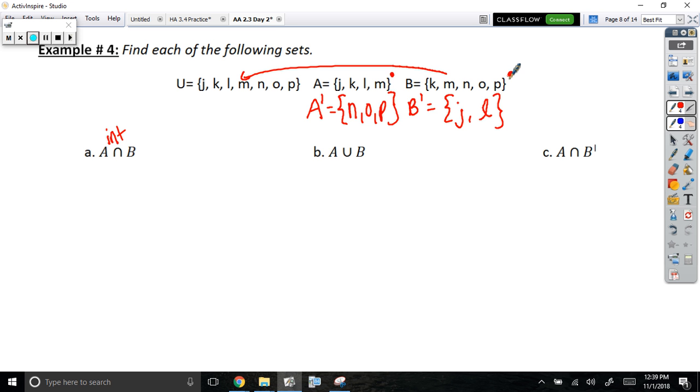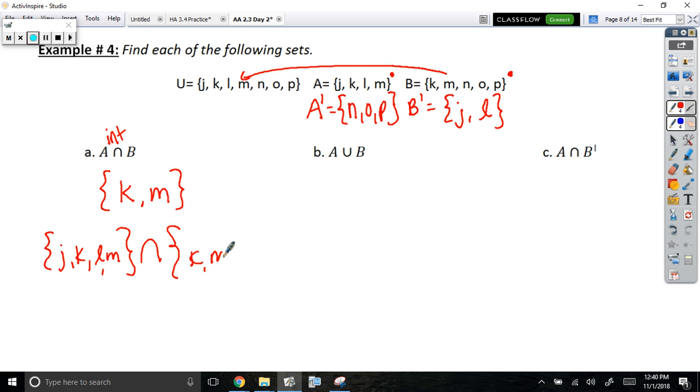They have an M and a K. And again, if you struggle, what you're going to want to do is write out J, K, L, M, intersect, K, M, N, O, P. And then do the problem to get the answer. So if you start to struggle, just copy down what A is, what B is, and then do the set. Okay? But this is your answer.